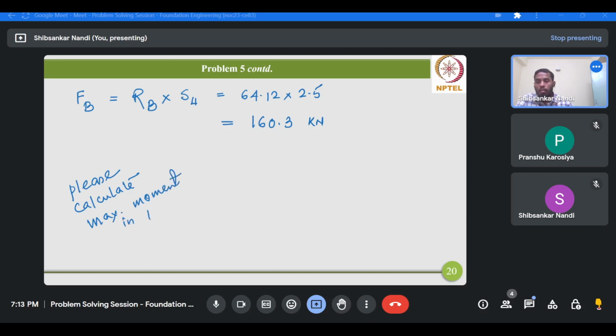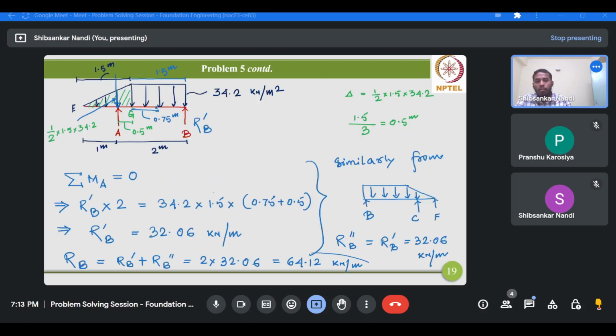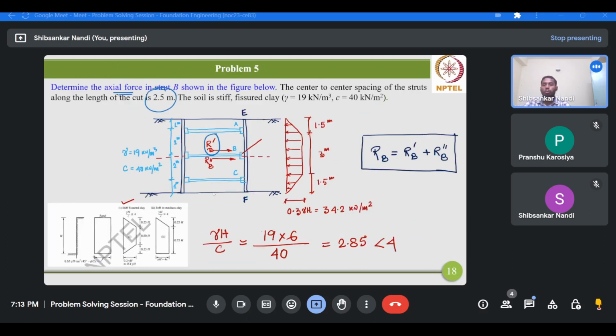Okay, because to design this system you should know what are the axial forces acting in the strata, then what is the moment inducing in the wall and the Euler beam. Okay, so these are the Euler beam and this is the wall. So these three things you should know before designing this kind of system: the axial forces in the strata, the moment in the wall, and the Euler beam.